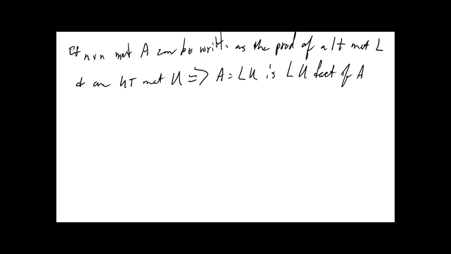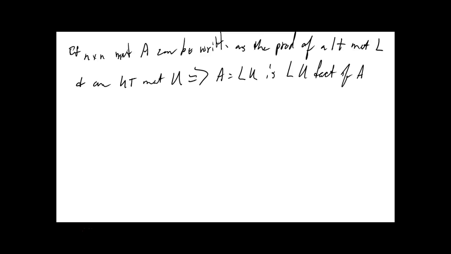Well, if you multiply two matrices together to get A, yeah, that's a factorization of A. But this is an LU factorization of A. Now, part of the deal here is that you might be able to have any old two matrices multiplied together to give A. But if they're not upper and lower triangular, then they're not an LU factorization.